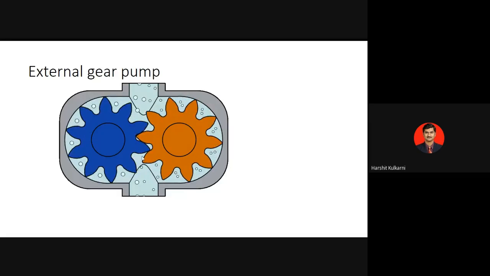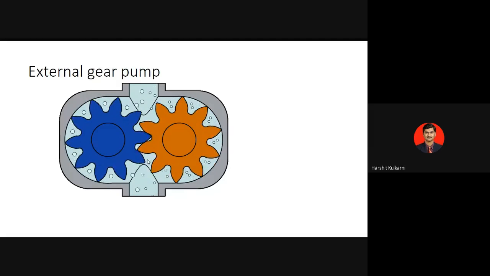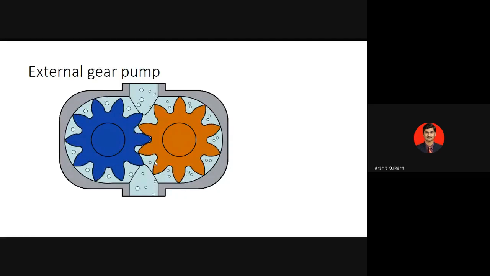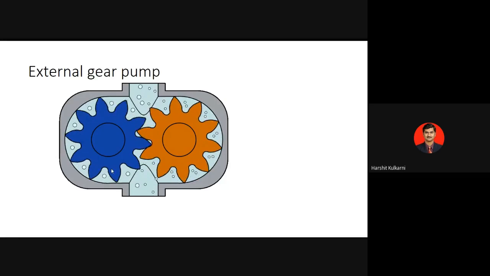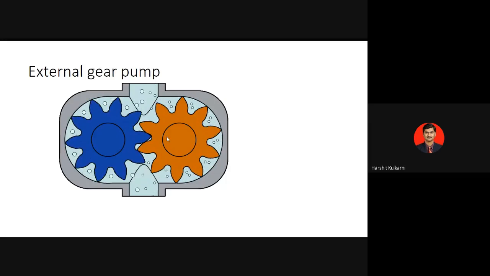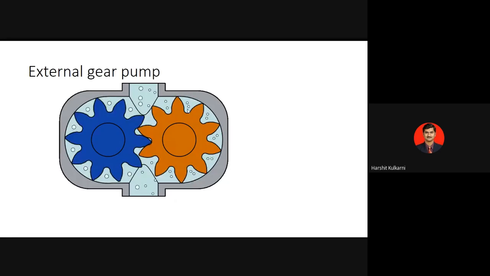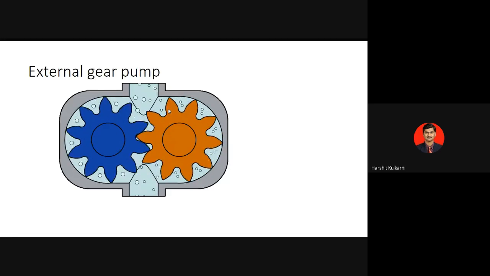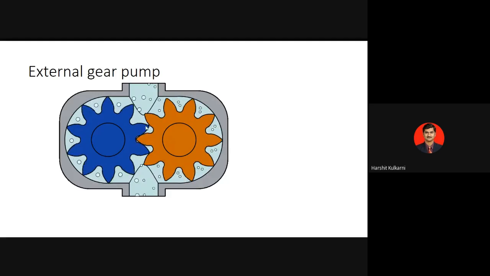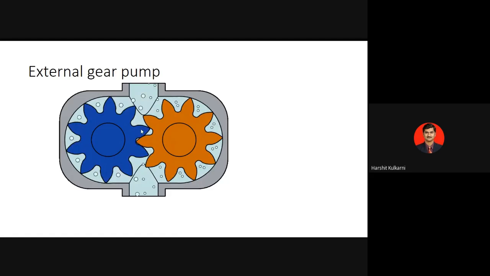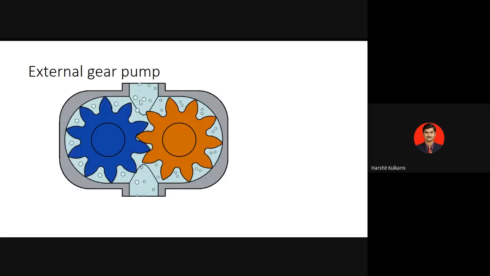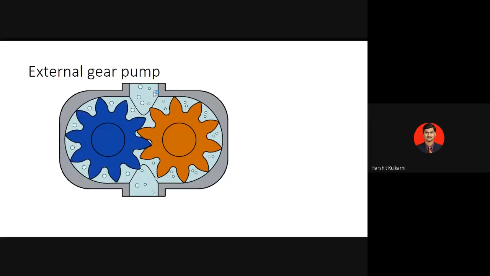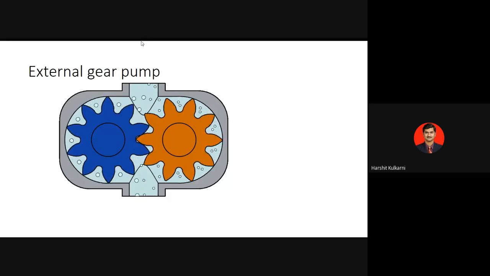Because it is like a diverging section wherein the two gears are moving away from each other. So suction is generated, and once suction is generated, oil is taken inside, and at the other end, where the two gears are meshing towards each other, they are creating a kind of converging channel, so it is pushing the oil outside. Fine.